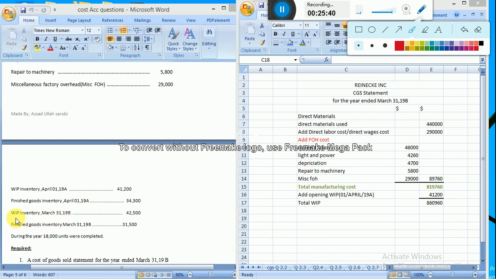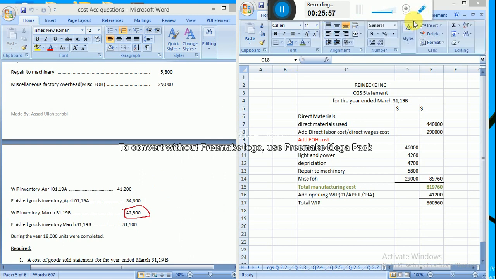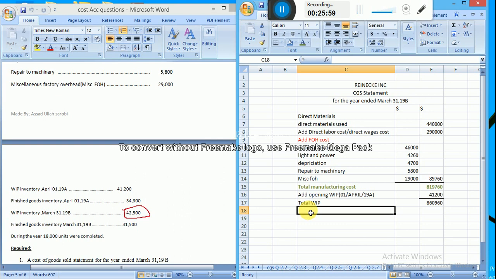So work in process March 31st 19B, this one. The 42,500 material that remains in the process, that is not converted to finished goods in 19B, will be converted to finished goods in 19C. So that's why we will subtract from here: less ending WIP, work in process.